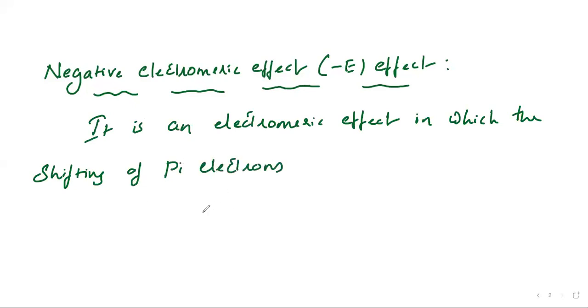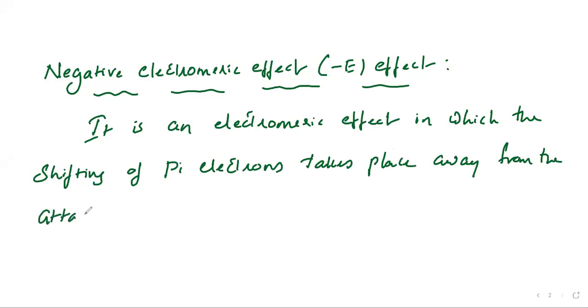It is an electromagnetic effect in which the shifting of electrons takes place away from the attacking reagent. Negative electromagnetic effect is the effect in which the shifting of electrons takes place away from the attacking reagent. That we are calling as negative electromagnetic effect.